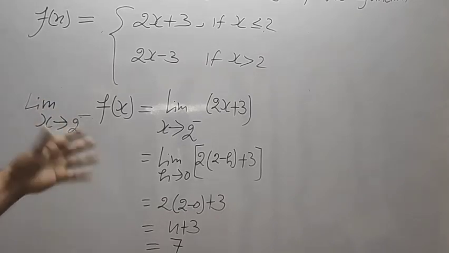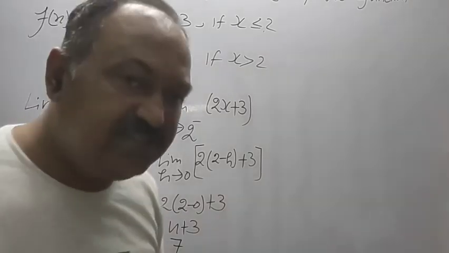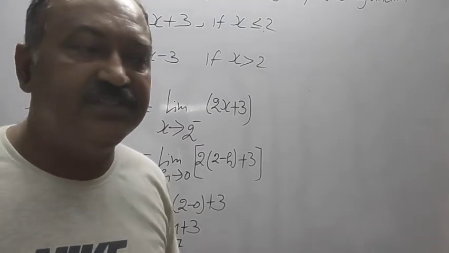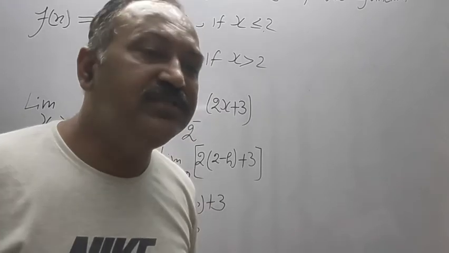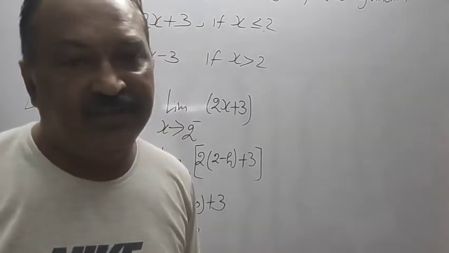Hence limit of x approaches to 2 does not exist and the function is not continuous at x is equal to 2. 2 is the point of discontinuity. That's all.